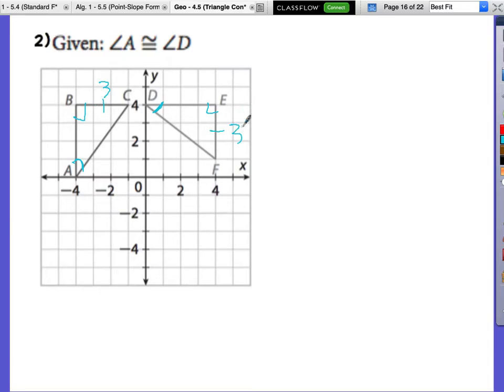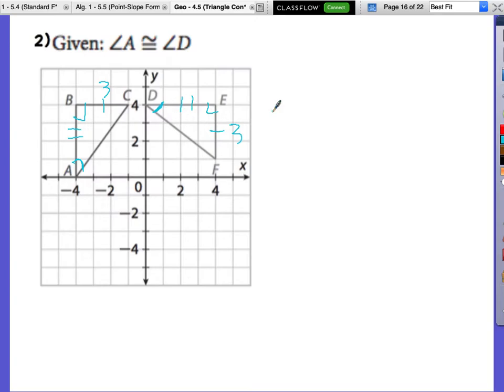So do we have enough to prove these two triangles congruent? We can also find side AB is congruent to side DE.